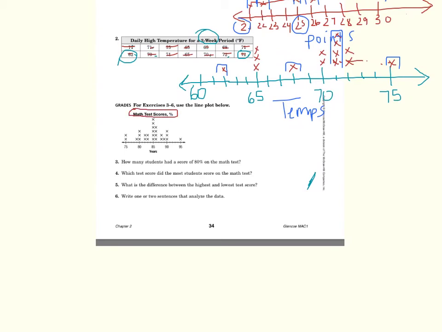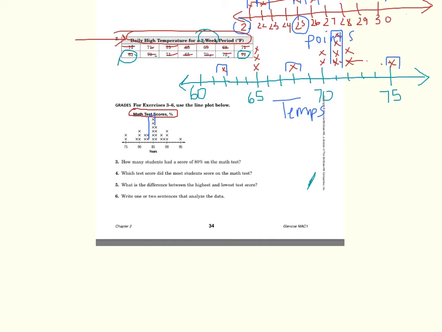Okay, but the title was up here. Okay, these were the titles. So a title on any graph or chart is extremely important so that the reader knows what it is they're looking at. Okay, then if we were going to analyze it, what does each X represent?